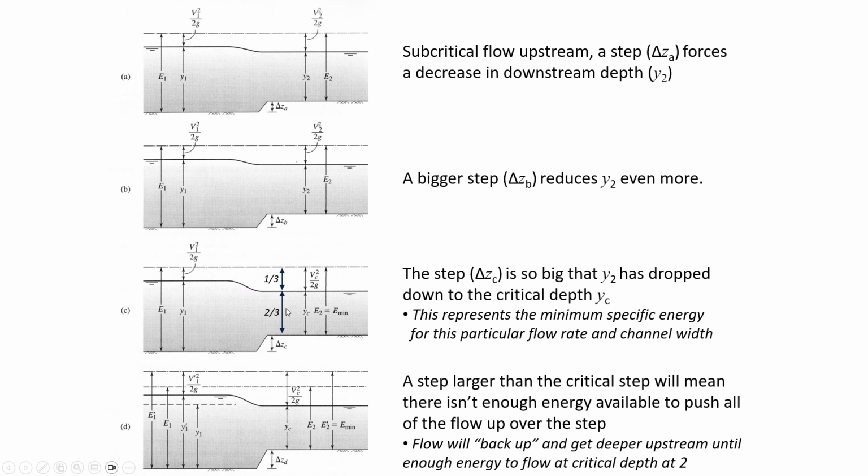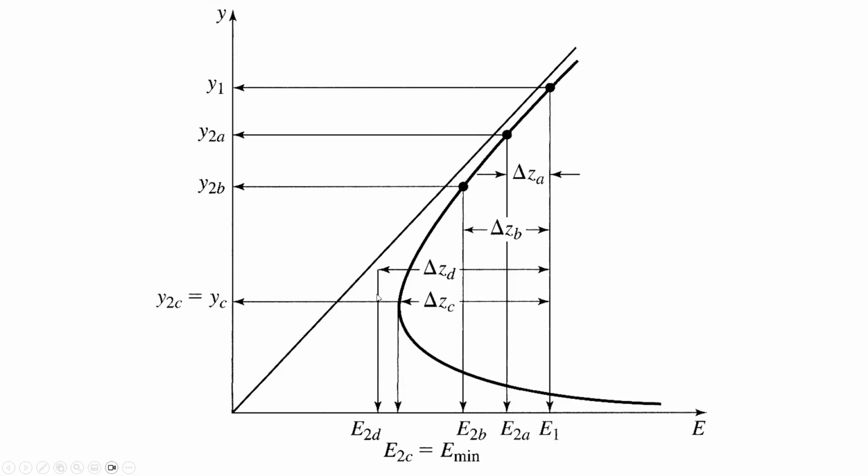And having that 1/3, 2/3 relationship just makes it easier for us to calculate the minimum specific energy. Because if we happen to know the critical depth, we can just multiply that by 1.5, and that gives us the minimum specific energy.